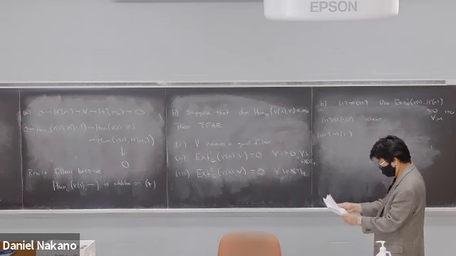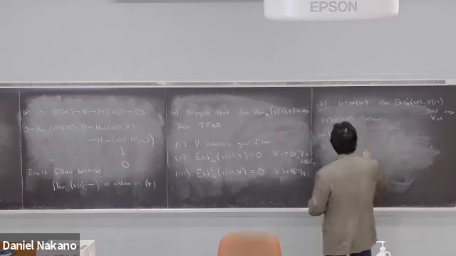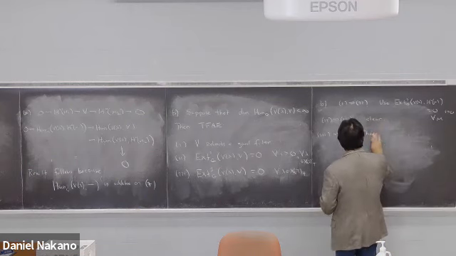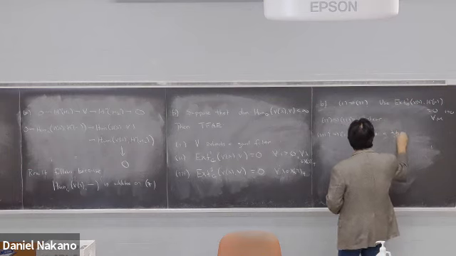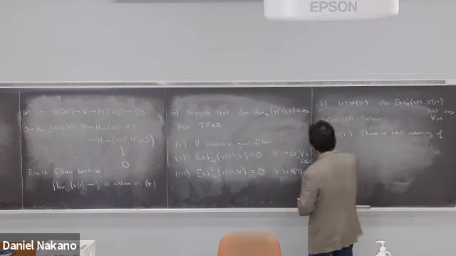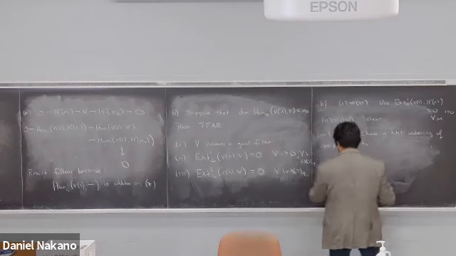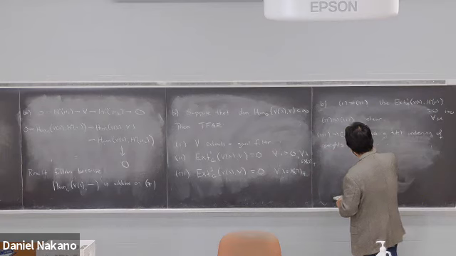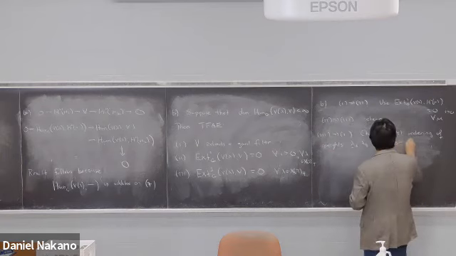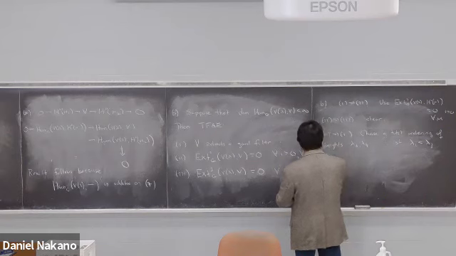In order to show this, what we want to do is choose a total ordering of the weights lambda 0, lambda 1, lambda 2, and so forth and so on, such that if lambda i is less than lambda j, this implies i is less than j.